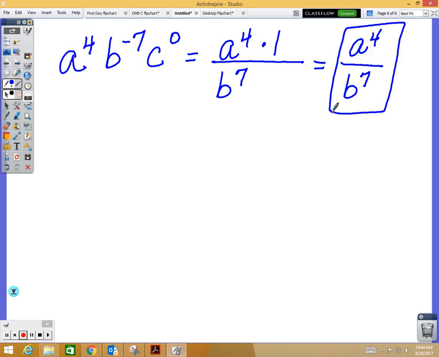Let's do another one similar to this one. Let's say e to the negative 8th power, f to the 6th power, and g to the negative 3rd power. So think about, is it going to go on top, or is it going to go on bottom?